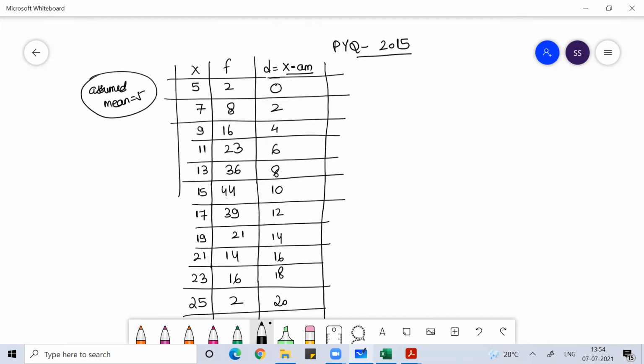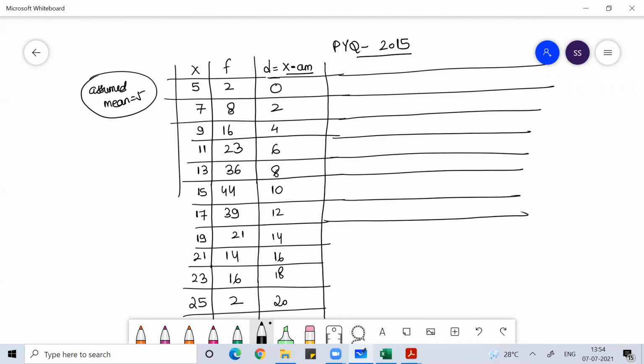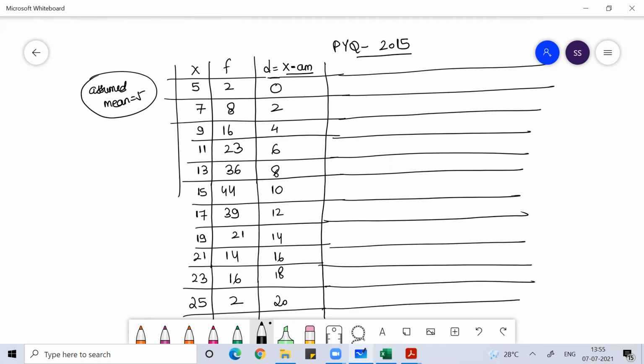Now, guys, if you see the d values, there is one thing you can notice: all these d values are divisible by 2.